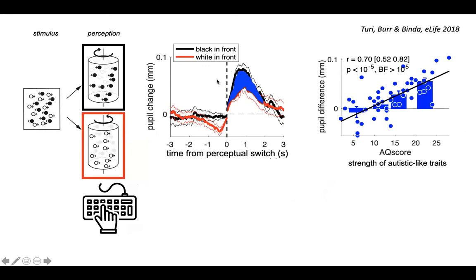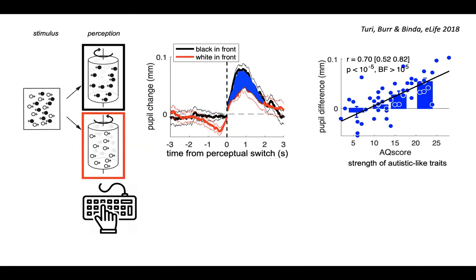And we found that there was a clear difference in pupil traces depending on the perceptual phase, only in individuals with relatively high autistic traits, with relatively high AQ scores. However, in participants with low autistic traits, low AQ scores, there was no such modulation. The pupil was always the same, quite irrespectively of whether the white or the black dots were perceived as on the front, as forming the front surface.